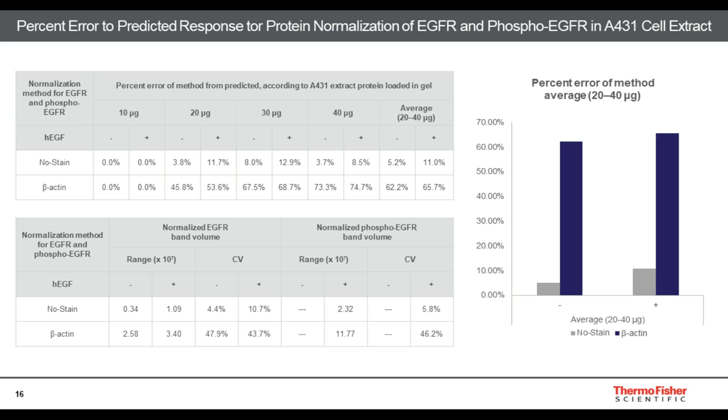So again, in this slide, we are looking at the percent error of method calculations, which further demonstrates that in untreated and treated conditions, protein normalization of EGFR and phospho-EGFR can be accurately done with no-stain reagent, but not with housekeeping protein, which in this case was beta-actin.